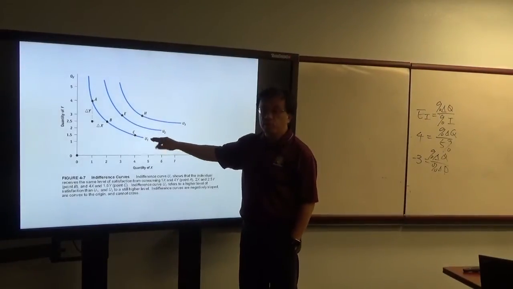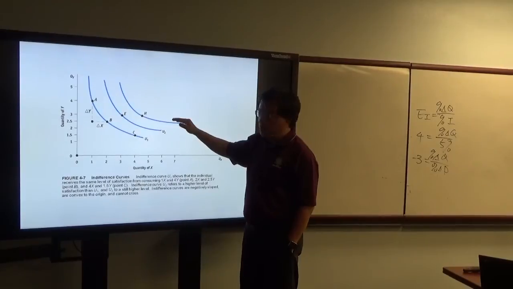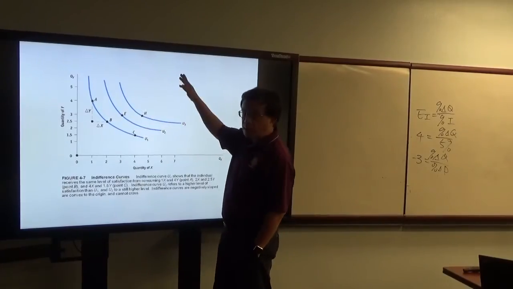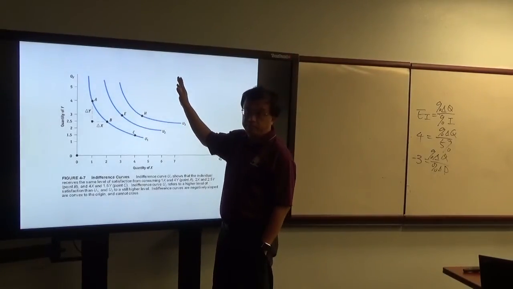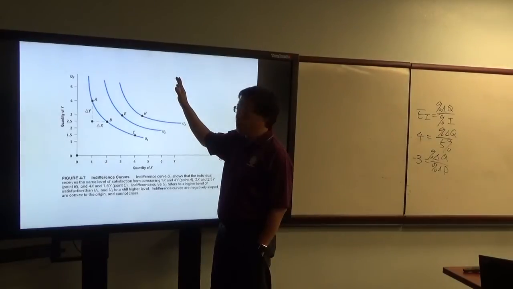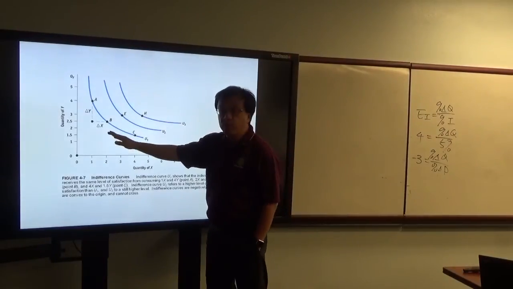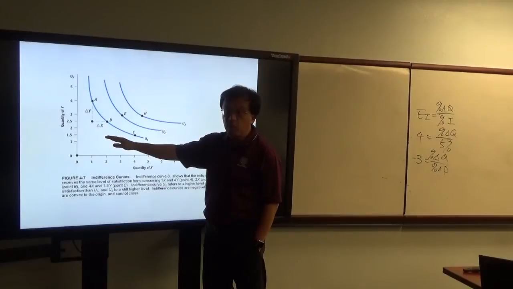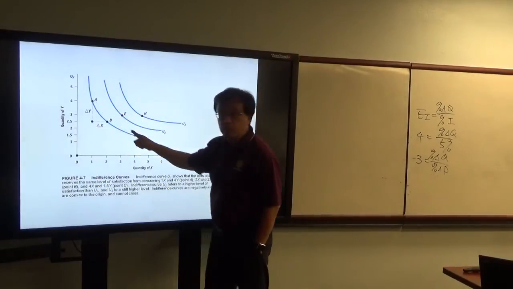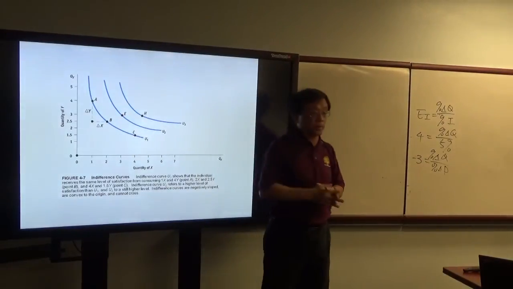Let's say this is 100, this is 200, this is 300. So if you move far to the right, you'll be happier. If we move to the left, you'll be less happy. That's the whole idea. But around each curve, you have the same happiness.